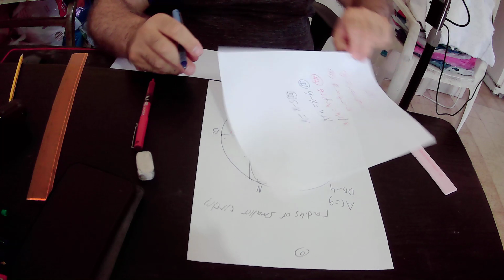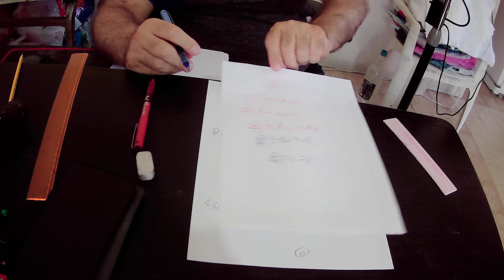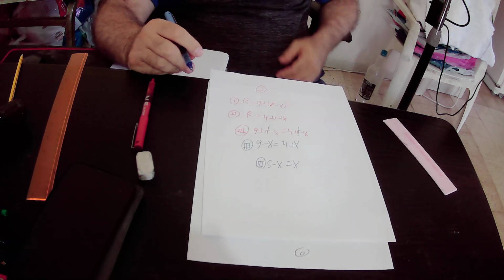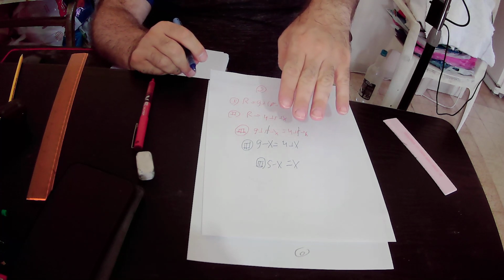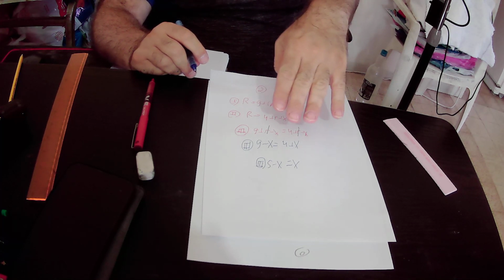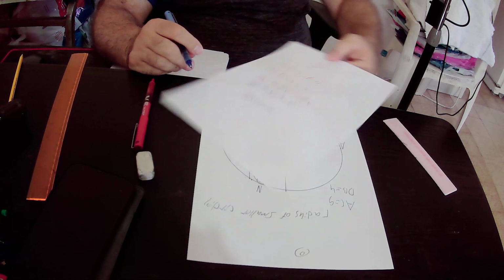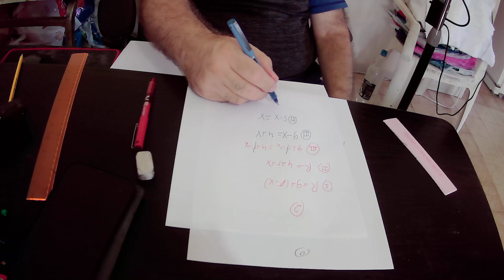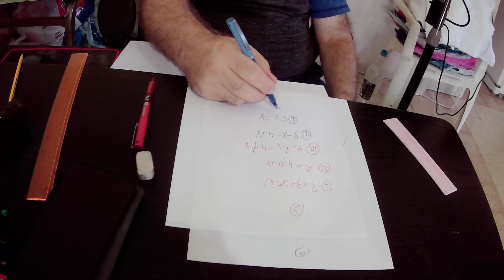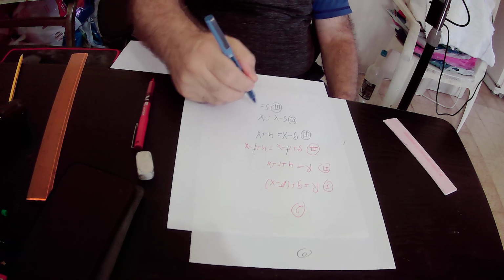We subtracted 4 from equation number 3. Here we will add x to equation number 3 and we will get that 5 equals 2x.